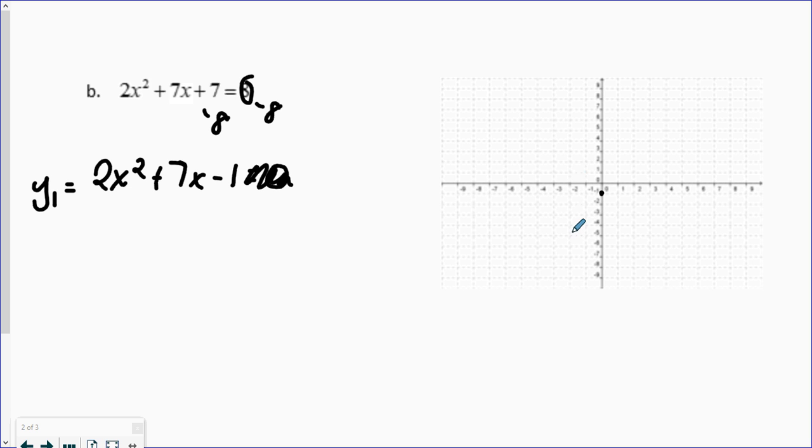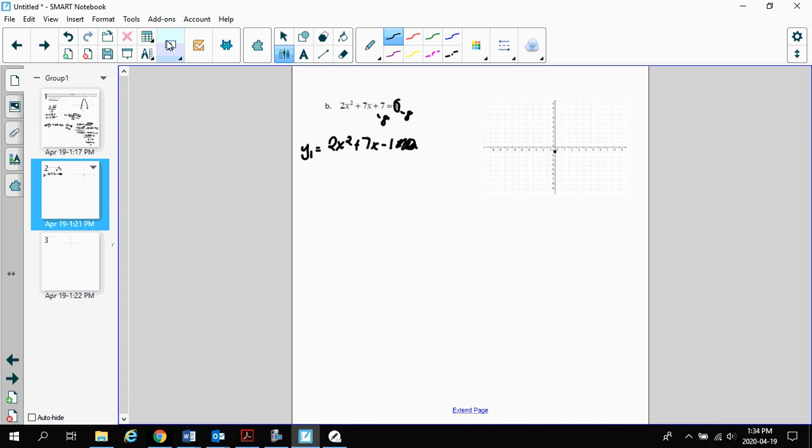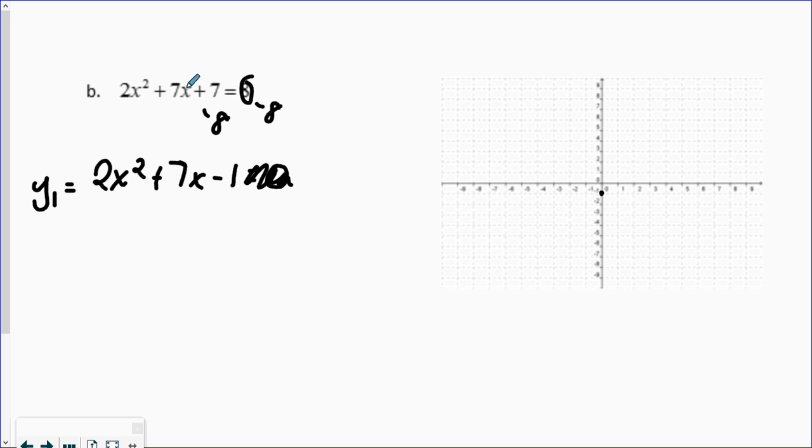Let me go to the actual graph. So my maximum is just below -7, and it's just ahead of the line of -2, so it's between -1 and -2. So when I draw that out, again, somewhere between -1 and -2.